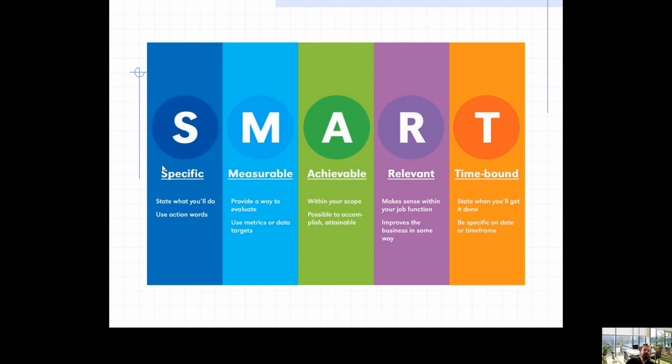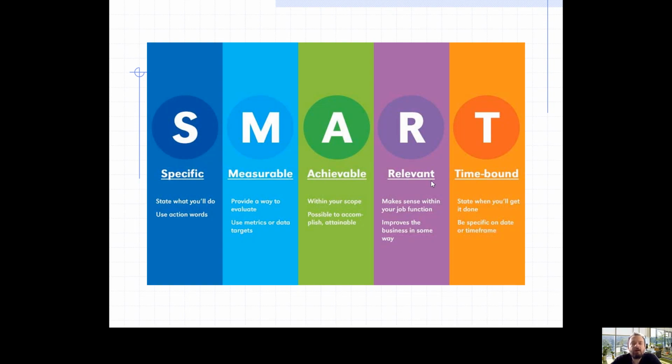So any objective must be specific. So everyone in your organization must understand what you want from them. Everybody must understand some figures built into the objective. So any objective must be measurable. Everybody must feel that it is possible to achieve this result. So any objective must be achievable.